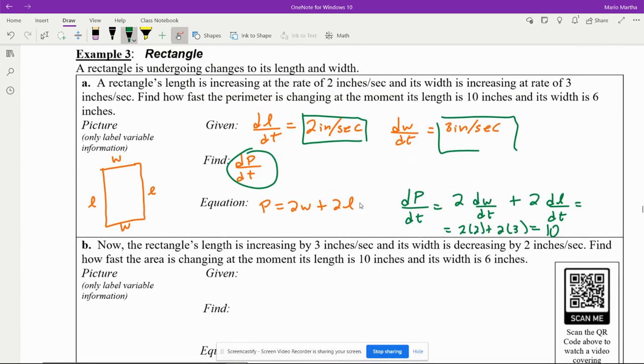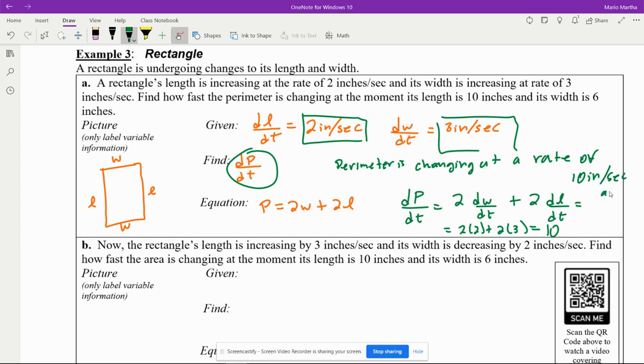So we can say the perimeter is changing at a rate of 10 inches per second.